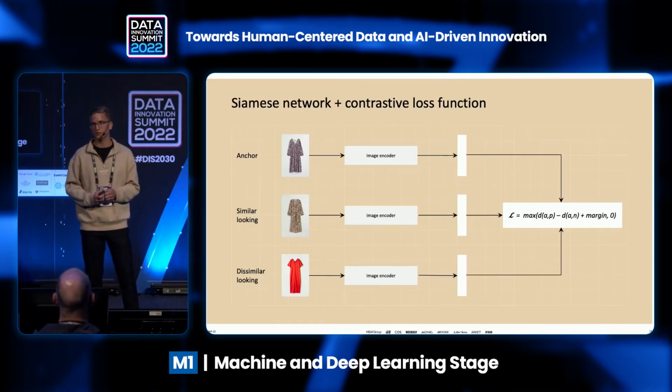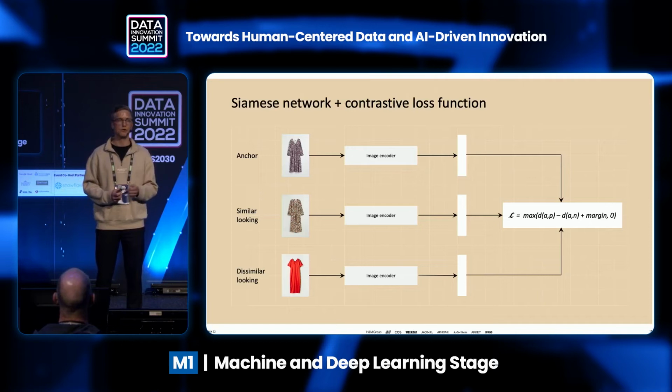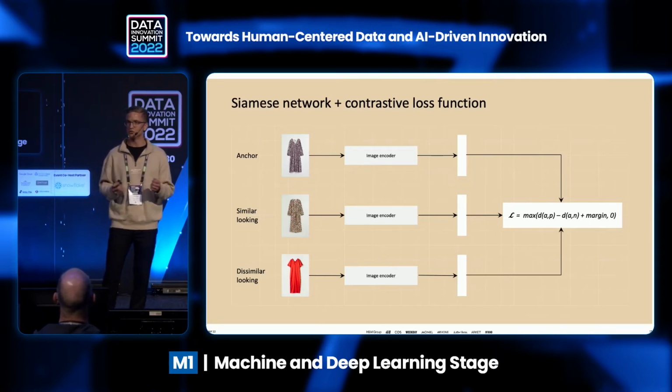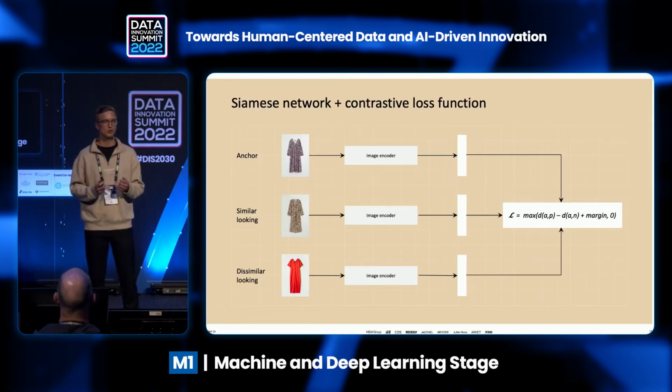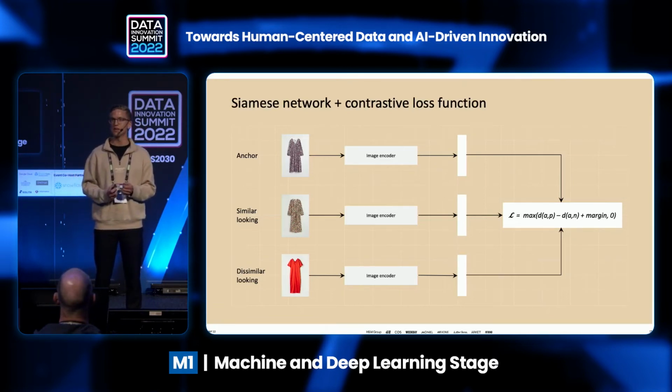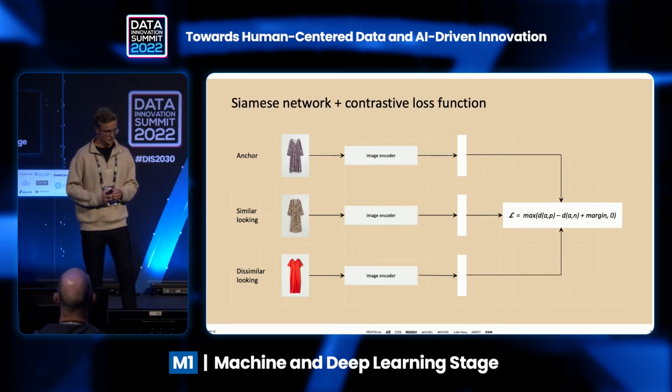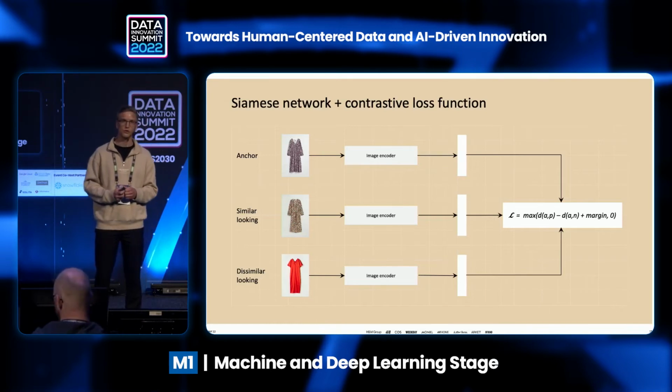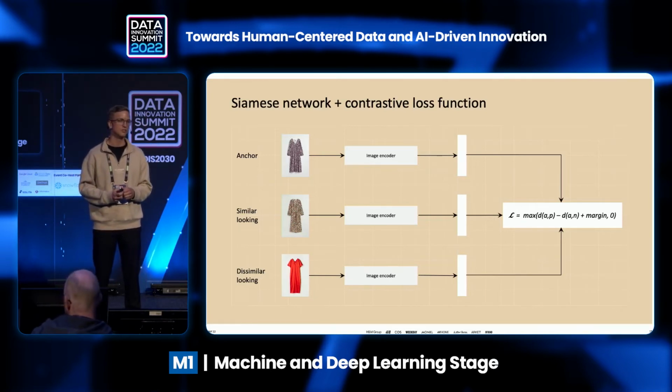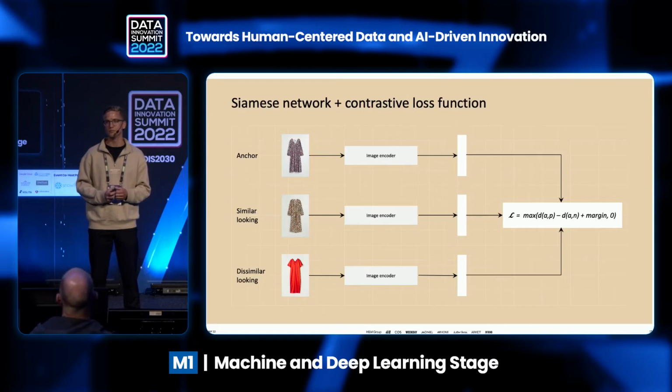This encoder outputs a one-dimensional vector for each of these images, and we use the contrastive loss function to squeeze the anchor image closer to the similar looking one and push away the dissimilar looking one with a margin from the anchor. The choice of the triplets, the encoder, the distance function, and the margin is totally up to you to decide, depending on your expertise and your domain.